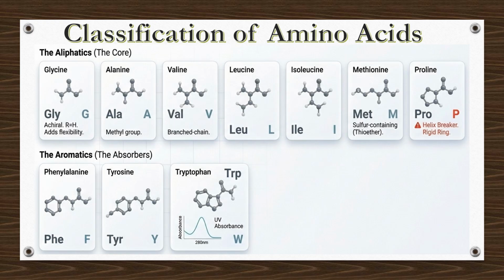Tryptophan has the largest side chain, an indole ring that is mostly hydrophobic but can form hydrogen bonds. Though rare in proteins, tryptophan is biologically important as a precursor of serotonin and niacin.